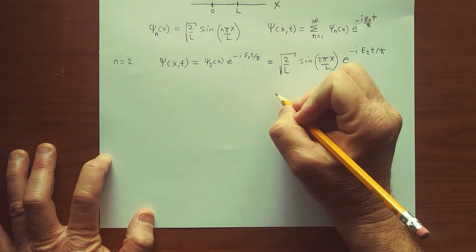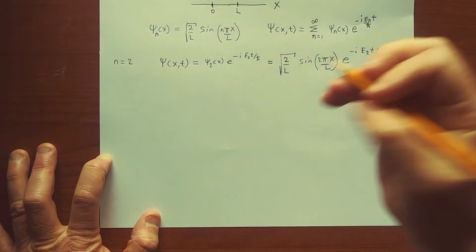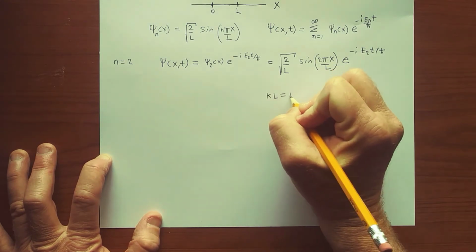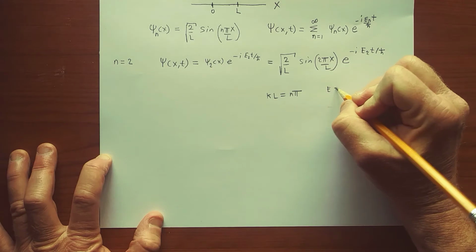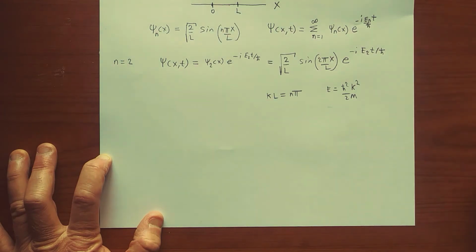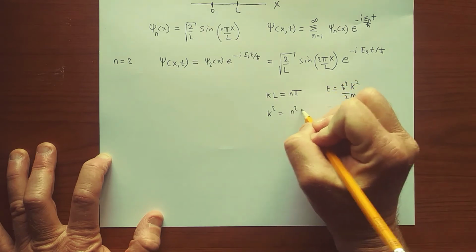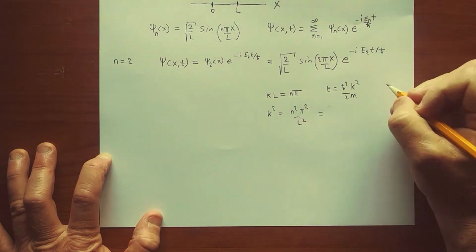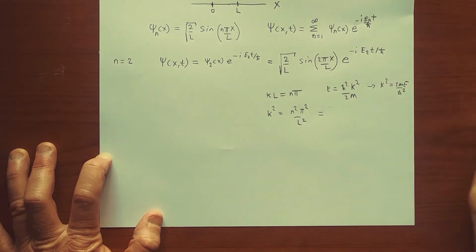Well, from the boundary condition, this is k times x, so we had k times L is n pi, and E is equal to h bar squared k squared over 2m, so we get k squared is equal to 2mE over h bar squared.